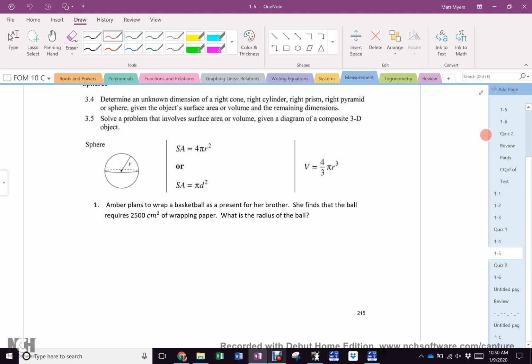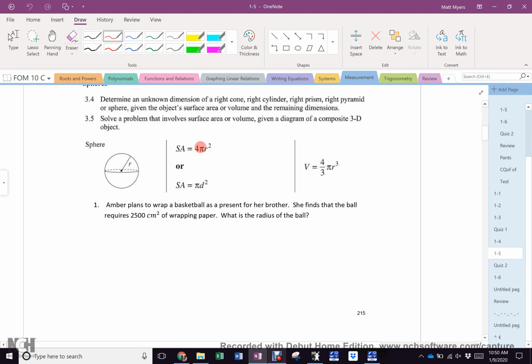Everybody cool? So as a result, there was no way to build a formula the way we've built the other ones, right? Like it's obvious a cylinder is circle, circle, rectangle, right? It's obvious that a pyramid is rectangle, 4 triangles, right? Spheres, we didn't have that luxury.